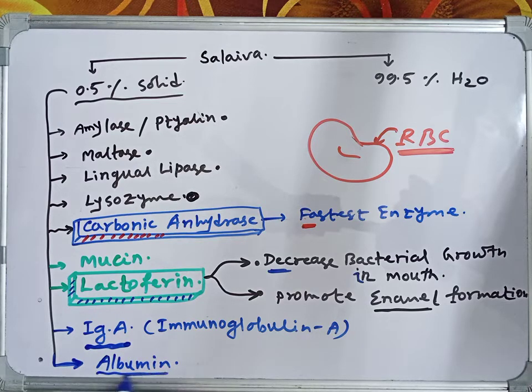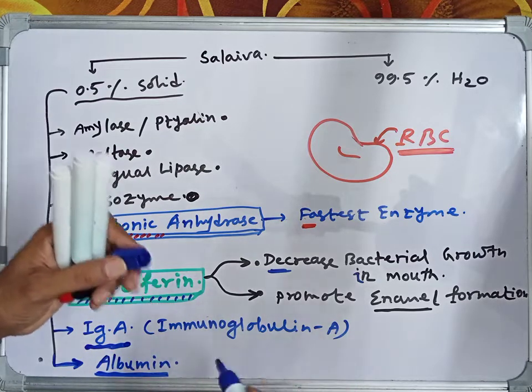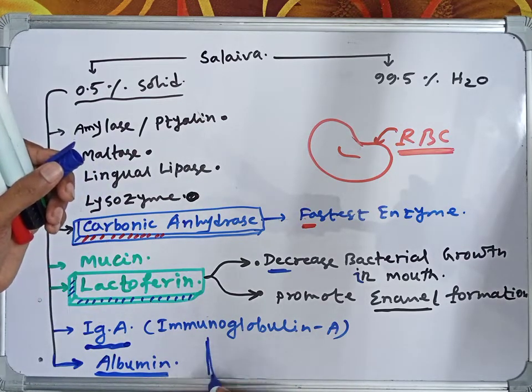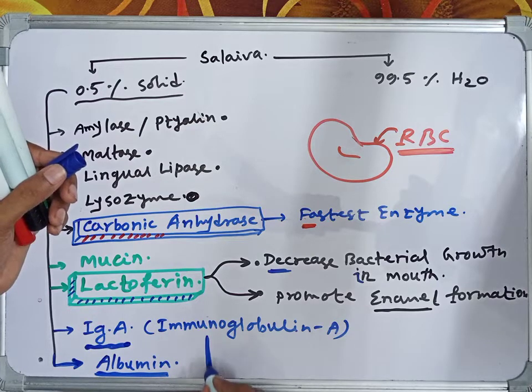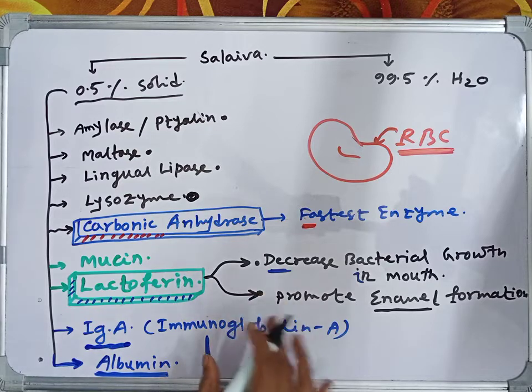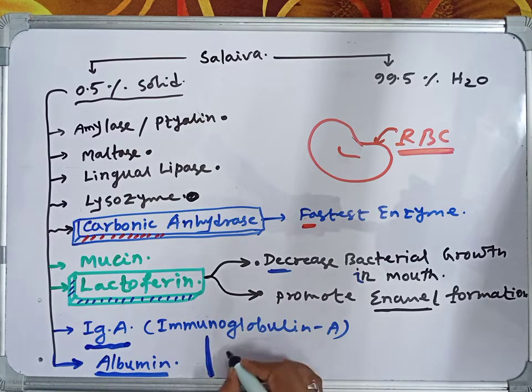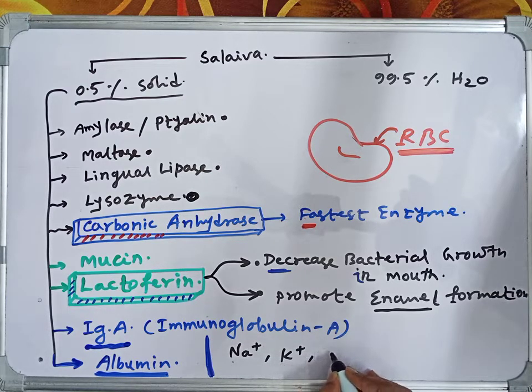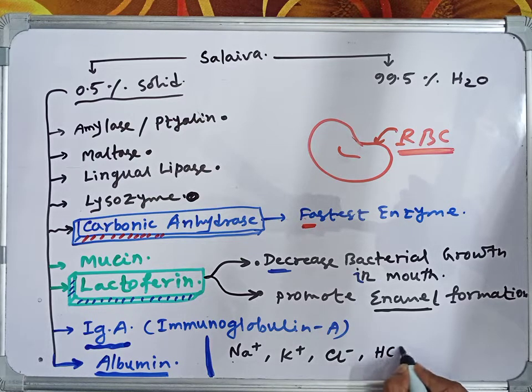And there is also albumin protein in our saliva, and several electrolytes are present in our saliva, that is actually Na+, K+, that is sodium ion, potassium ion, and chloride ion, and bicarbonate ion, HCO3-. These types of ions are also present in our saliva.